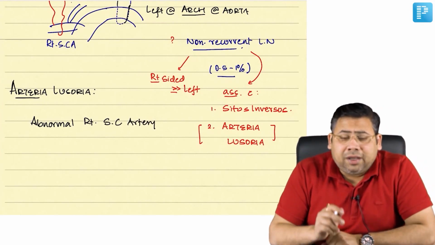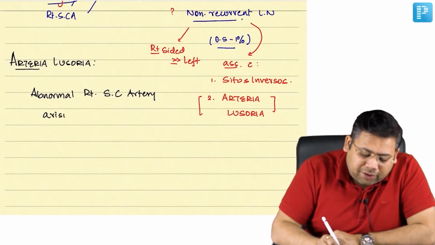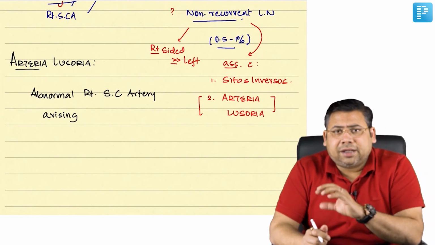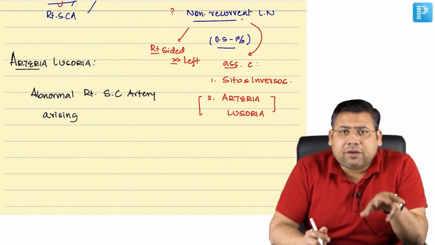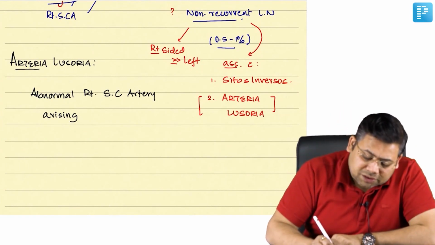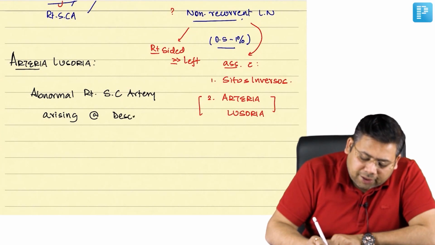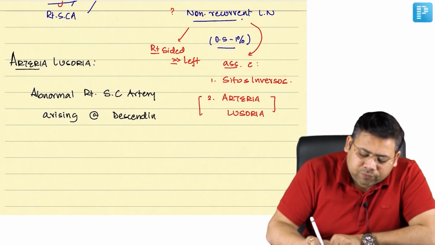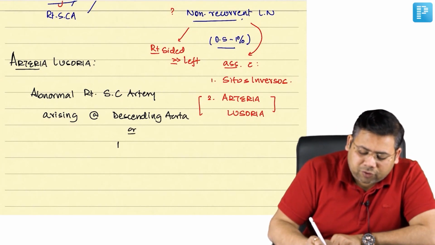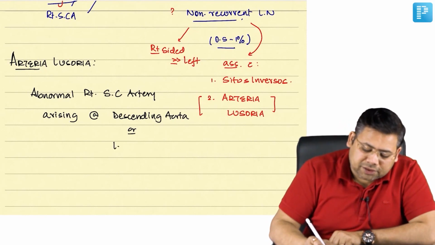It's an abnormal right subclavian artery; normally the right innominate gives rise to the right common carotid and the right subclavian. Here it is arising either from the descending aorta or from the left subclavian artery.